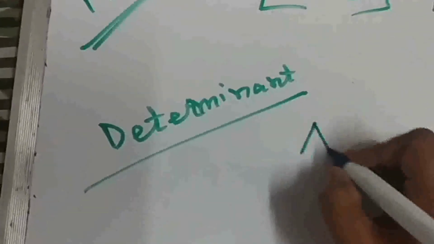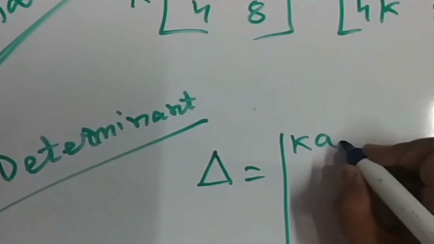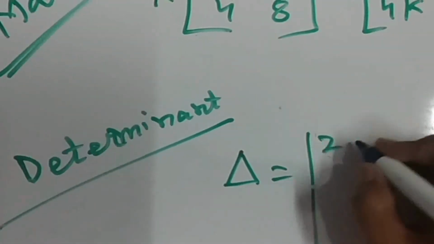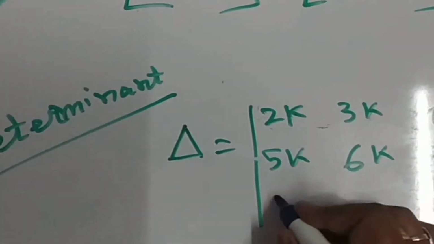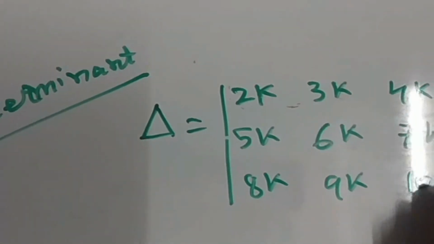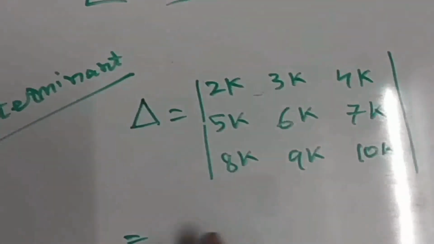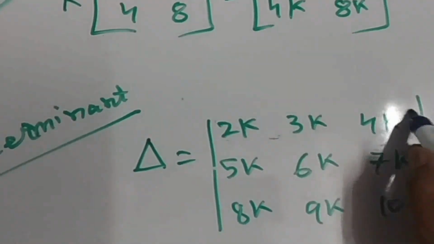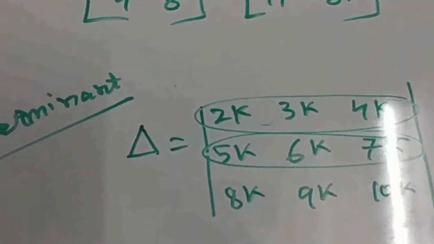Now see for a 3 into 3 determinant, suppose here k, here 2k, here 3k, here 4k, here 5, 6, 7, 8, 9, 10, and I want to take k common. Now how many k's will come? If you are using rows, from the first row you will take k common, one time k will come, second row another k, third row another k.